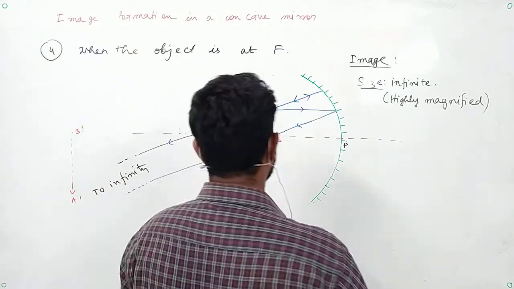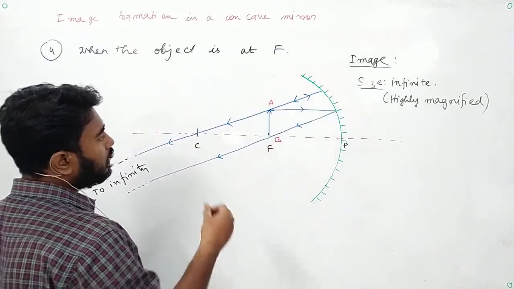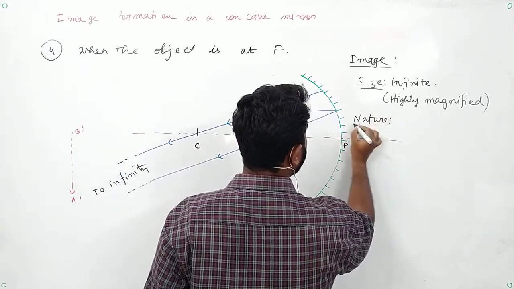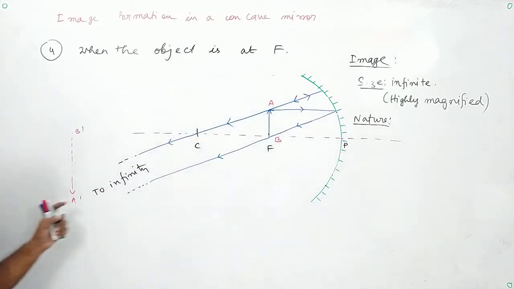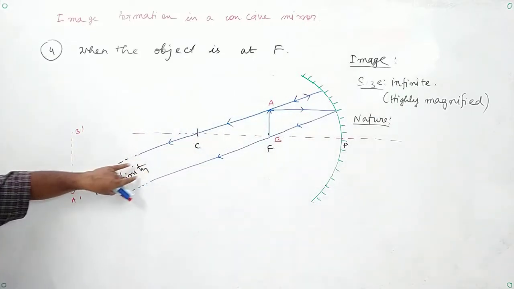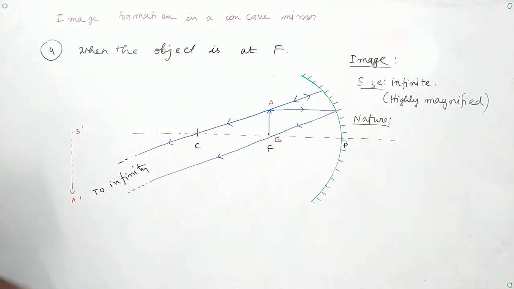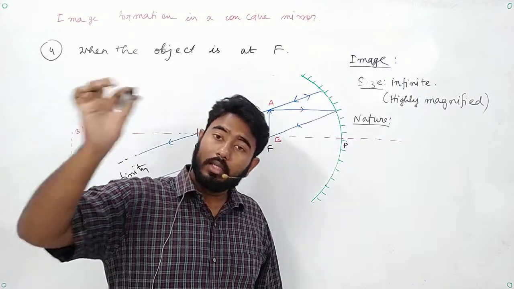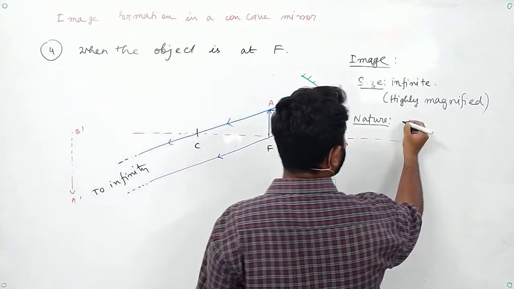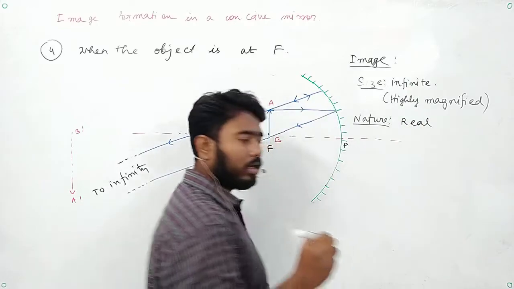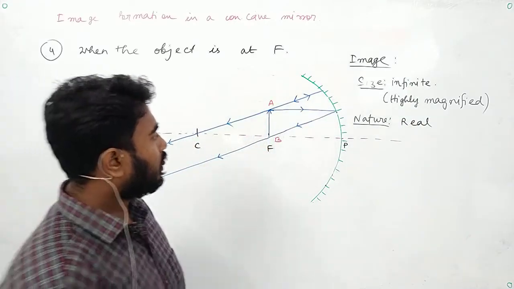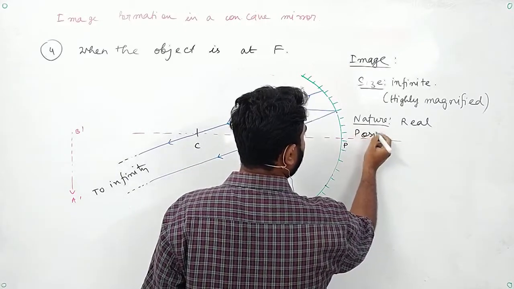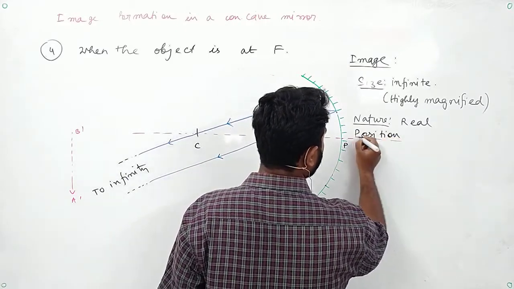Now, what is the nature of the image? See, if the image is actually formed, then these two rays will meet and form the image. If the rays meet, then the image will always be real. Is that clear? Okay, what is the position of the image?